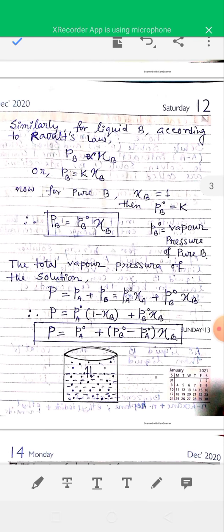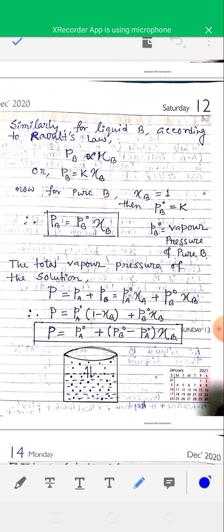Similarly for component B, according to Raoult's law, for liquid B you can write Pb proportional to Xb, where Pb is the partial vapor pressure of liquid B and Xb is the mole fraction of liquid B in solution. So you can also write Pb is equal to Pb naught into Xb.